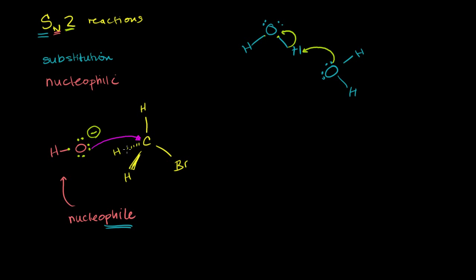So they'll be attracted to each other. They're going to bump into each other just the right way. And then at the exact same time, this all has to happen kind of simultaneously, this electron that's sitting at that end of the bond is going to go to the bromine.